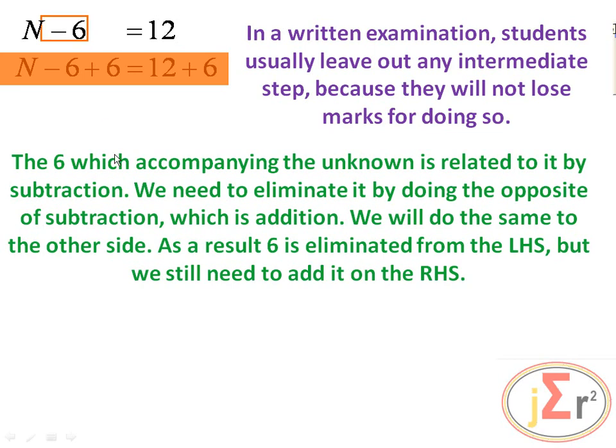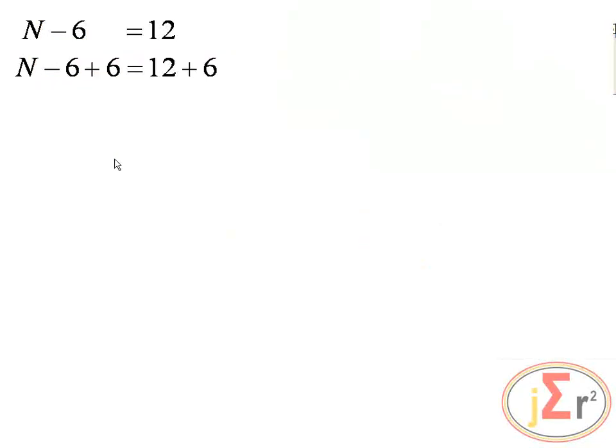Because we need to eliminate this minus 6, we plus 6. We cannot do it to one side, we do it to the other side. So what do we have? Minus 6 plus 6, 12 plus 6. So we have 6 added to both sides.